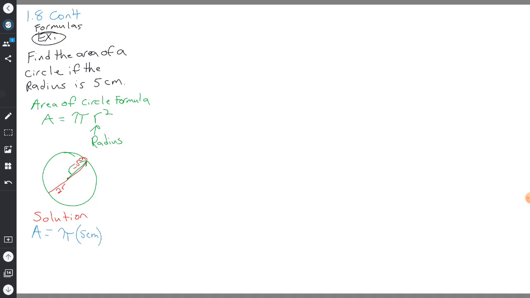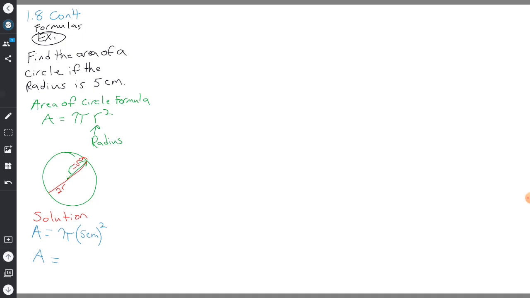And we have the squared. All right, what does that tell us? When we make the calculation, we're going to keep pi like it is. Let's keep pi as just a symbol.